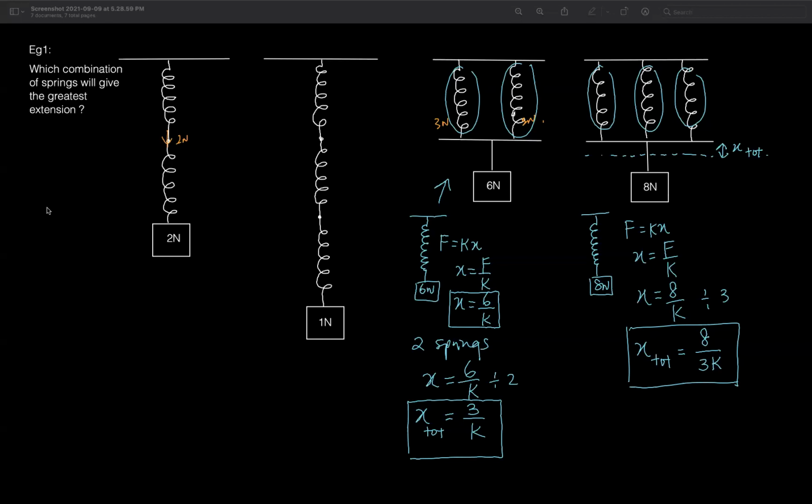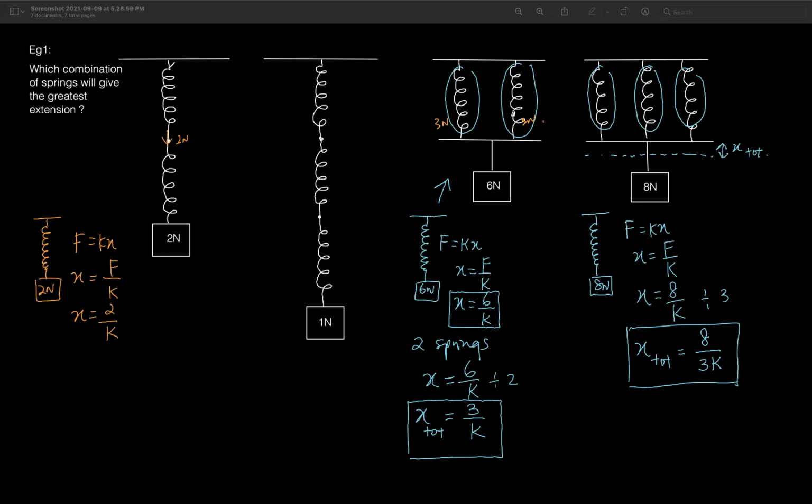Now, for this one, I do the same thing. What is the extension if there was only one spring with 2 Newton? F equals Kx, X equals F over K, that's 2 over K. That is the extension of one spring.